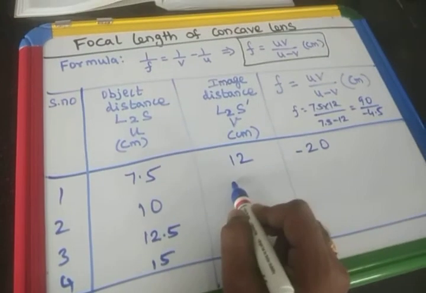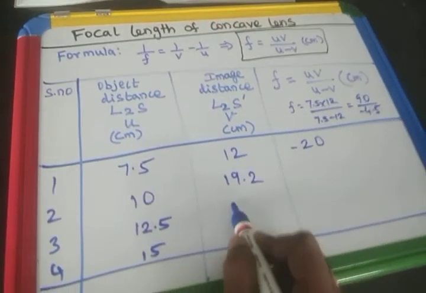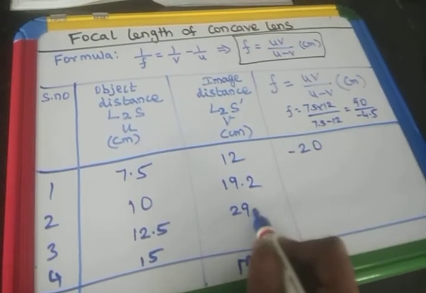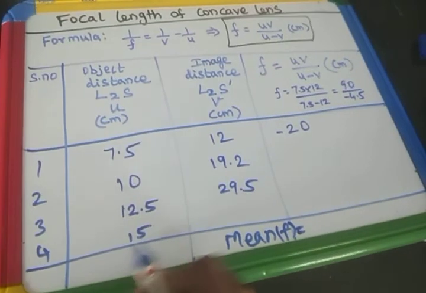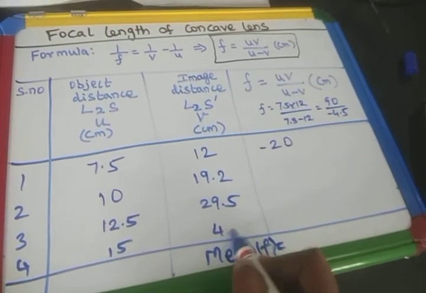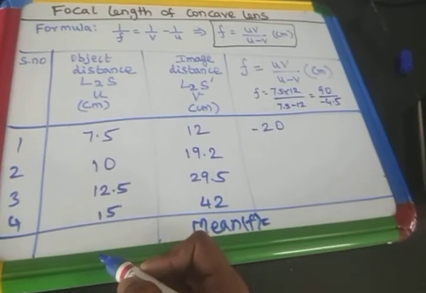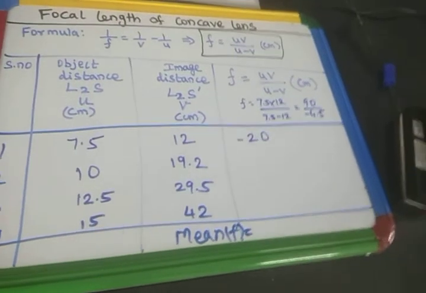So for 10 the image distance is noted as 19.2. For 12.5 it is at 29.5. Again for 15 centimeter object distance, the image distance will be around 42. For a further 17.5 the image will be formed at more than 100 centimeter.